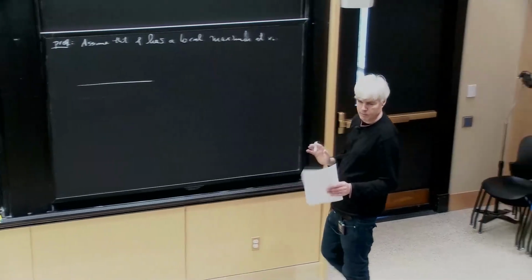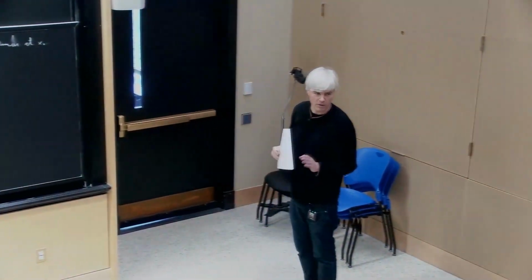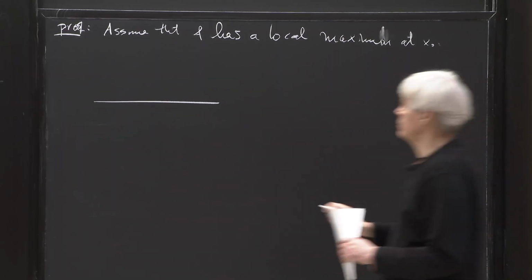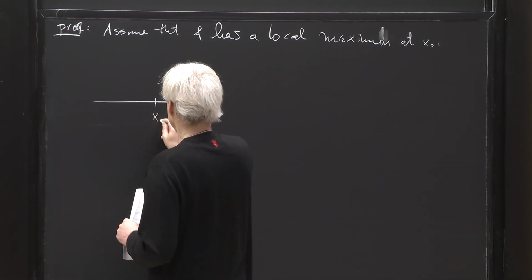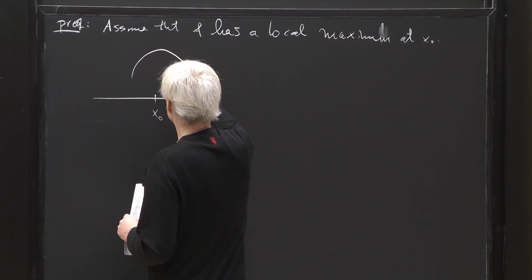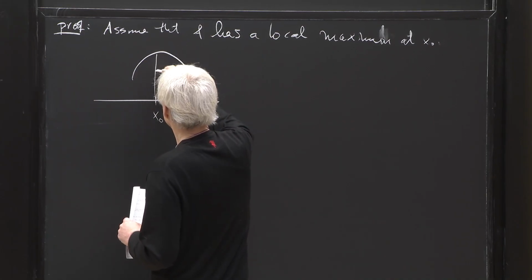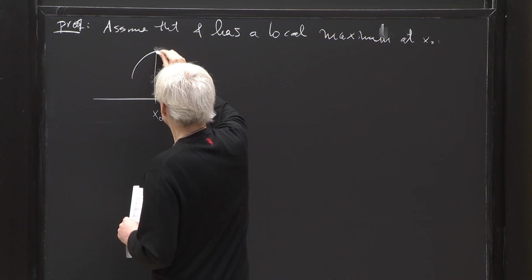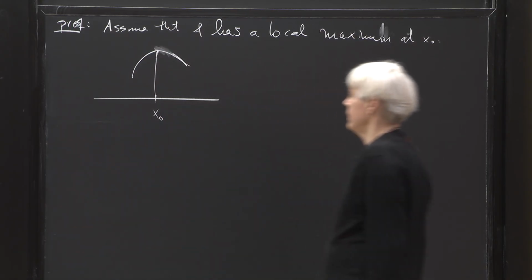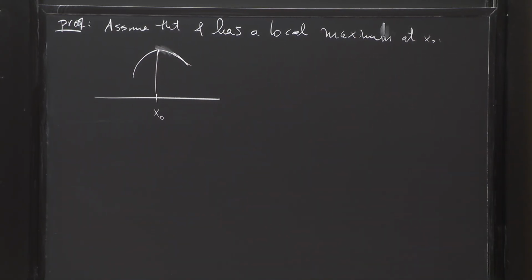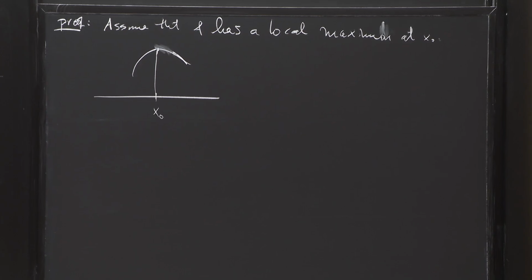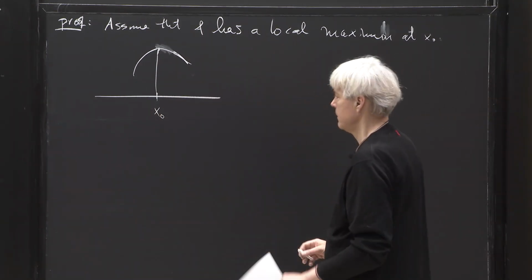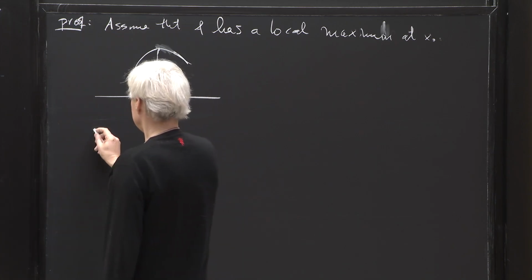If it's a local minimum, the argument is the same with obvious modifications. Okay, so you have some picture like this. Again, here you have x0, and this here is like the function. We see that the value here at x0 is the maximum. And then who cares what happens when you are further away here, right? And so you divide into two cases.